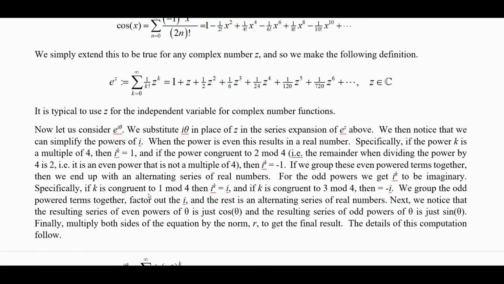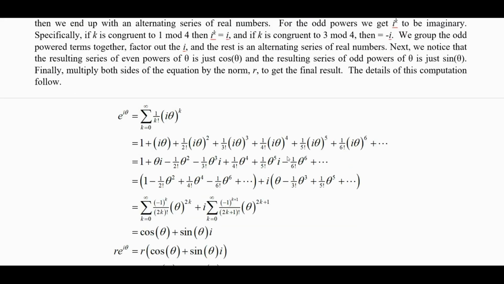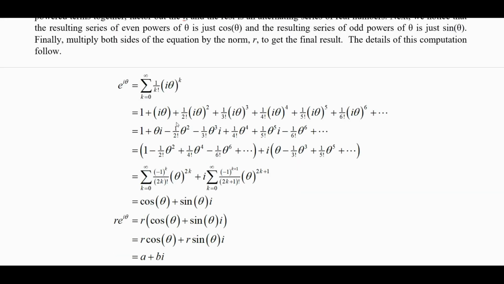So now let's consider what e to the i theta would mean. We just put i theta in place of the z here, and let's see what that would mean when we work this out. Well, look what happens. We got the 1. We got theta times i. That's fine. If we take i theta squared, that's theta squared, and then you've got i squared, which is negative 1.